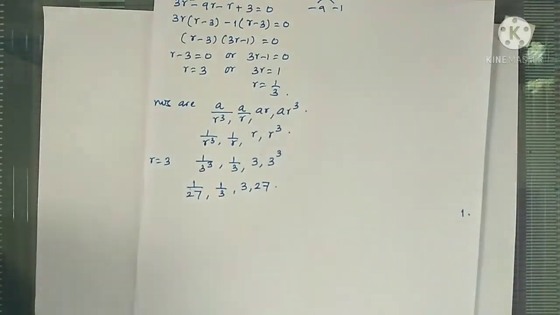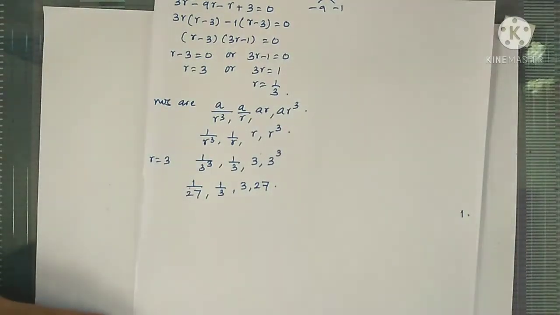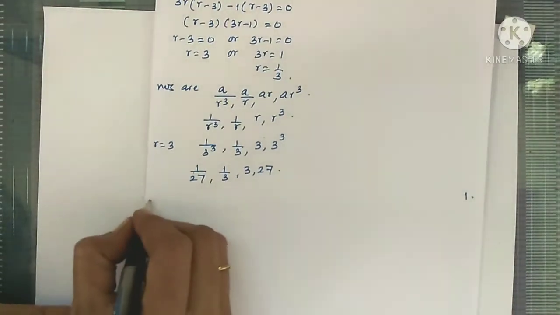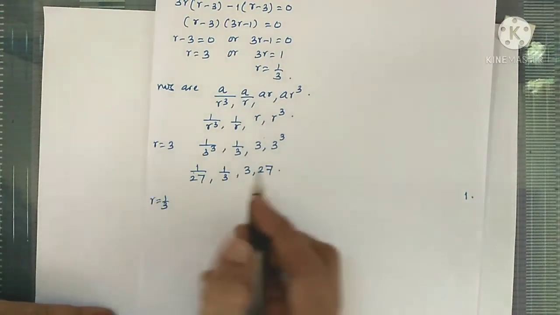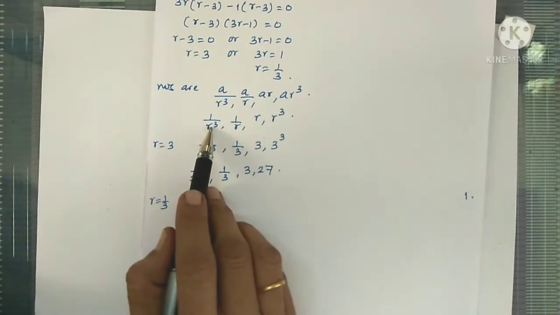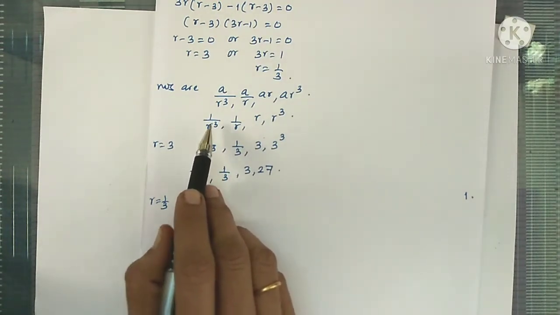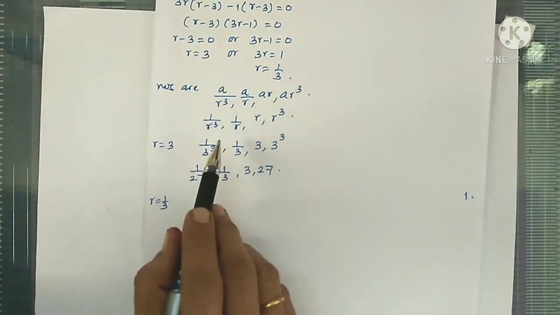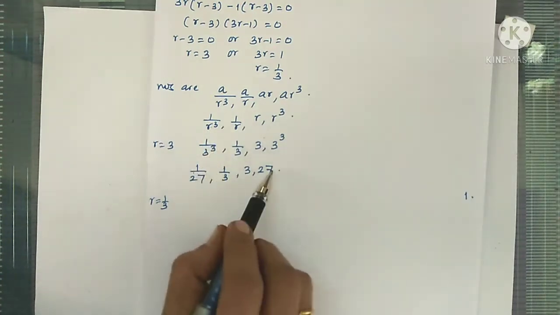So substituting a = 1 and r = 3. If r is equal to 1/3, we get the same numbers but in reverse order. See here, if we put r = 1/3, it becomes 1 upon (1/3)³, so 1 upon 1/27. The reciprocal of 1/27 is 27. So we start with this number.